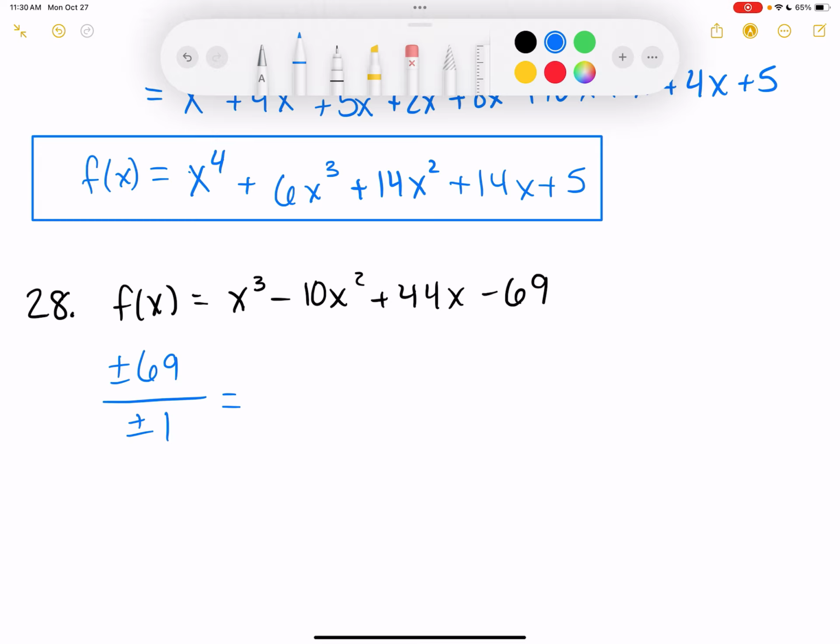I can just write it all out. So what are factors of 69? 1, 3, 13, or 23. What's the last one? 69.